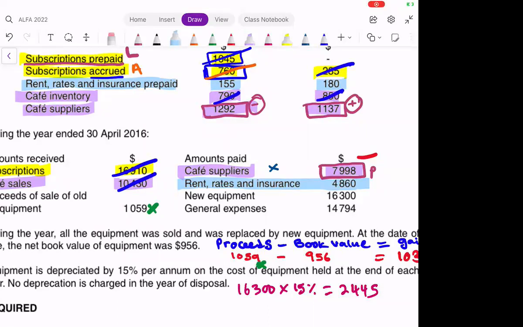$4885 is wrong. How did you all get 4885? $5015 is wrong. Wow, I thought you people knew how to do this. Everyone, please tell me how much.